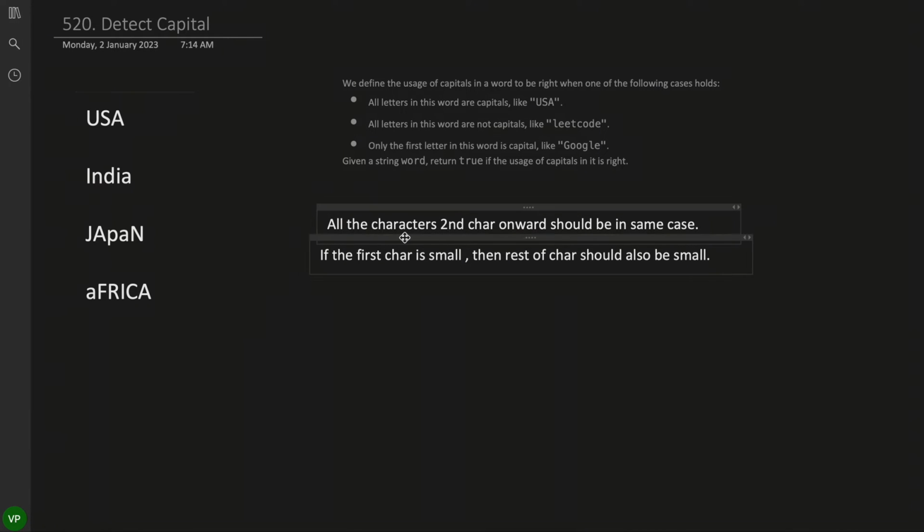Later, when we find this condition is true, that all the characters are the same, we can check the case of the first character against that of the second set of characters.